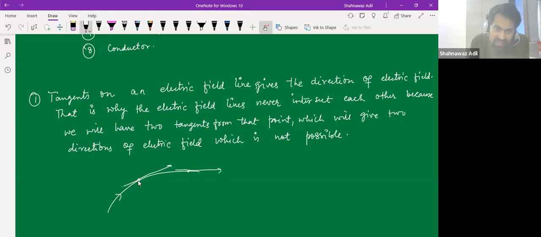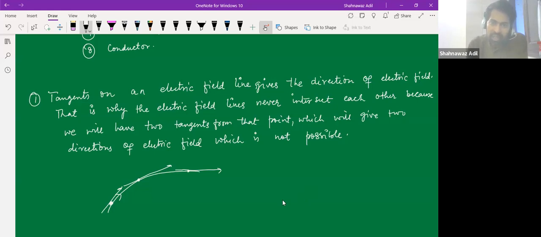So tangents on the electric field lines will give you the direction of the electric field. At this point, electric field is in this direction; at this point, in this direction; at this point, in this direction.